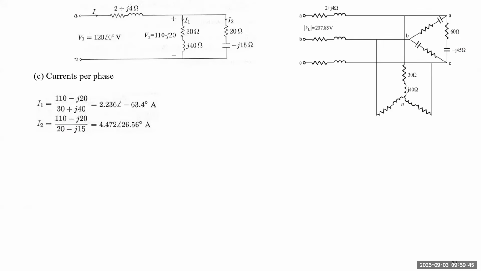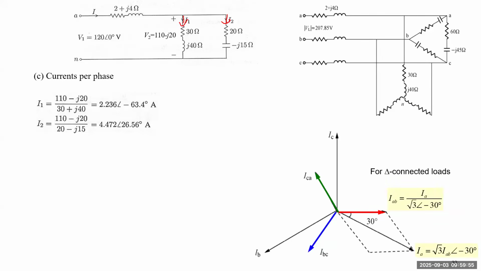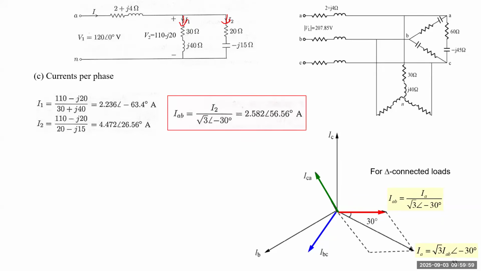Next, we're going to calculate the current. So first we calculate each current on each load. And from the phasor diagram, we can calculate the line current. So we'll use this formula to calculate the line current.